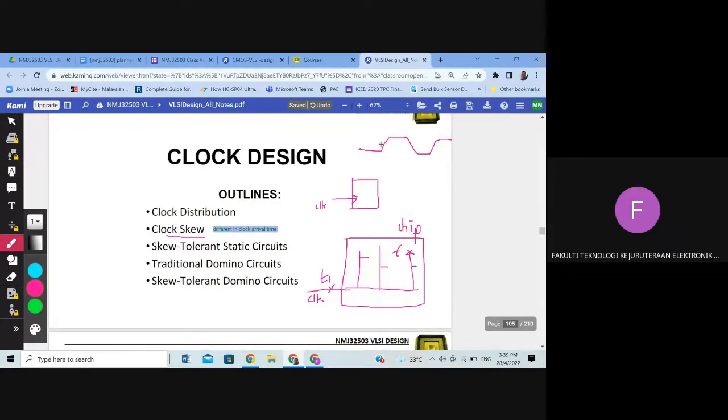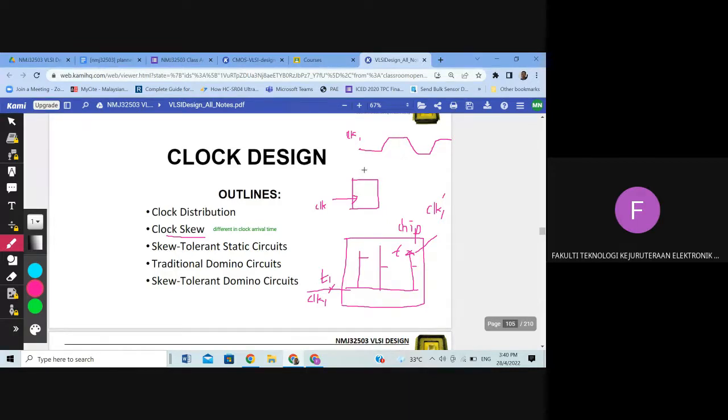So maybe this is clock number 1, CLK1, and here we call CLK2, for example, or clock prime, to make it easy. So clock 1 prime will be late, like this one.